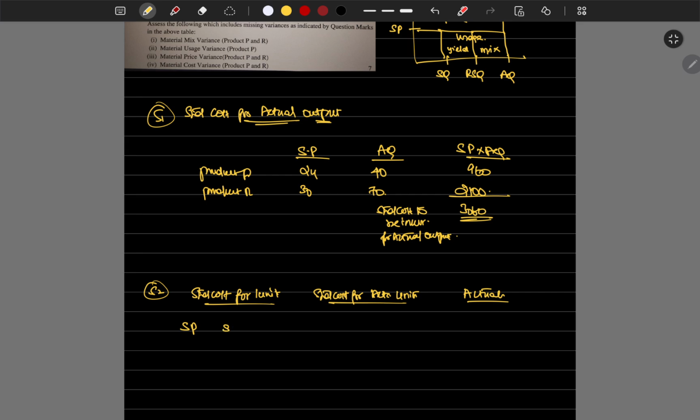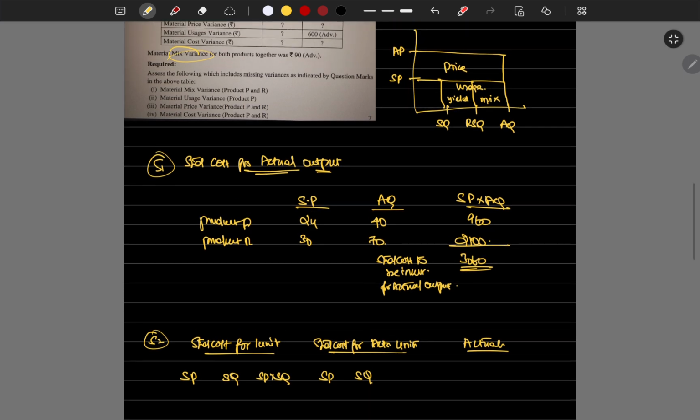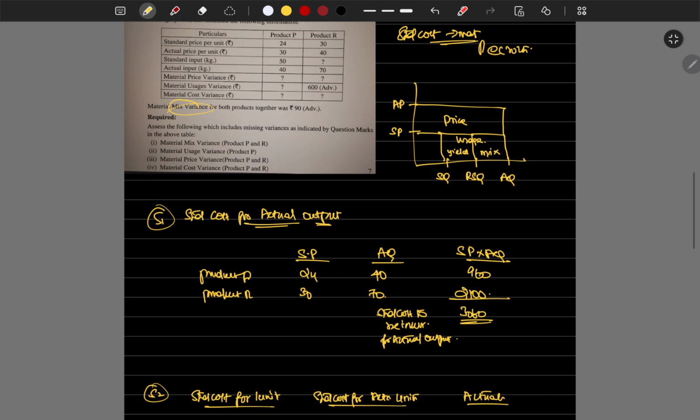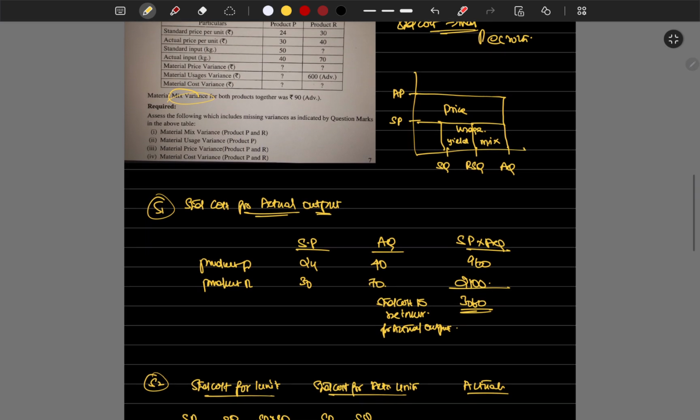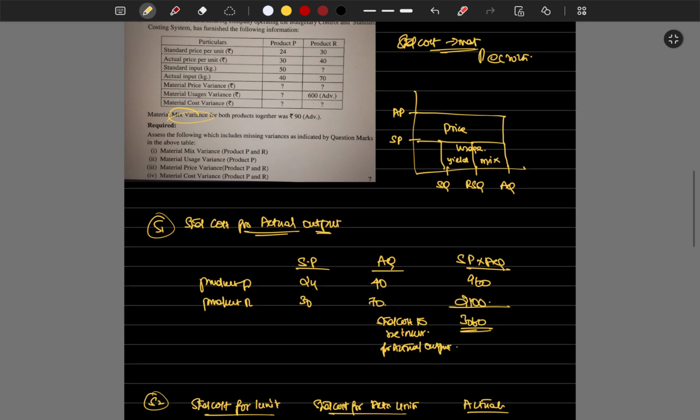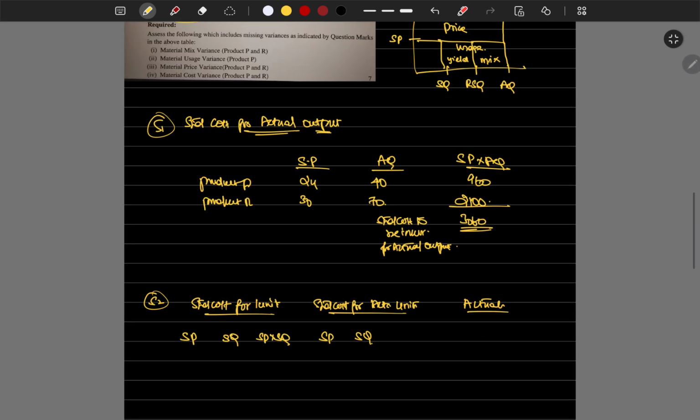Standard price, standard quantity, standard price into standard quantity, then actual price. Sorry, standard price, standard quantity. Here standard quantity will be 40, right? Okay, this step will work only when we have a single raw material.